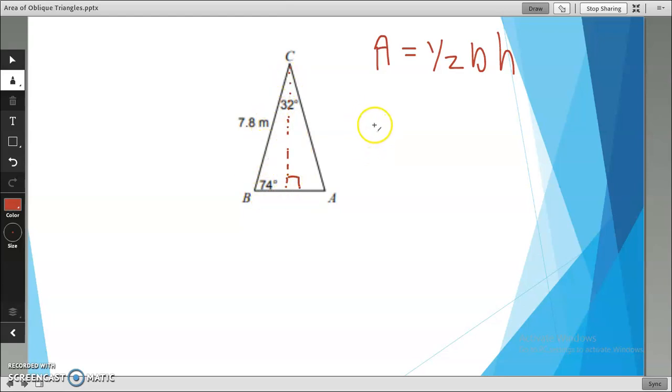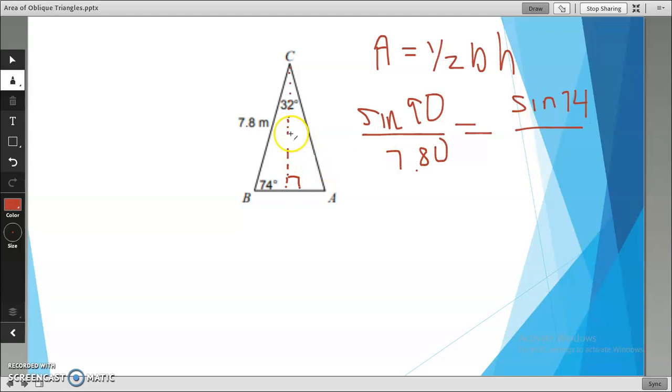So I can say the sine of 90 is right across from the 7.8, is equal to, and I want to find this height here, the sine of 74 over, let's call this h for height.